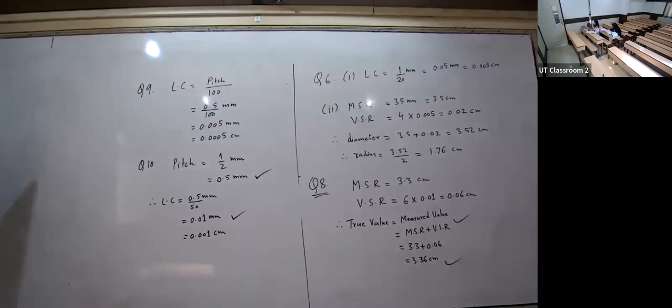Now we are doing zero correction, and the zero error is already given in the question. So you just subtract because it is positive zero error. 0.12. Got it? Yes.